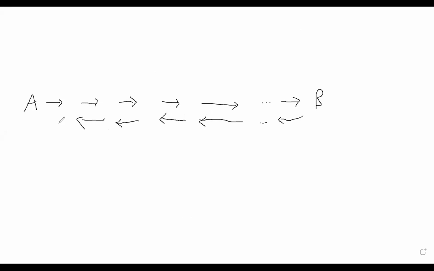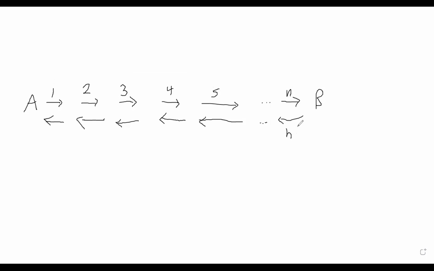Okay? So if you start with the matrix A and you do a sequence of elementary row operations to get a resulting matrix B, then you can just do the opposite. You can do the inverse elementary row operations in reverse order and get back to A. So if this is the first one, and this is the second one, and this is the third one, and this is the fourth one, and this is the fifth one, and then this is the nth elementary operation you have to do to get B, and instead of writing n prime, I'll write n inverse.